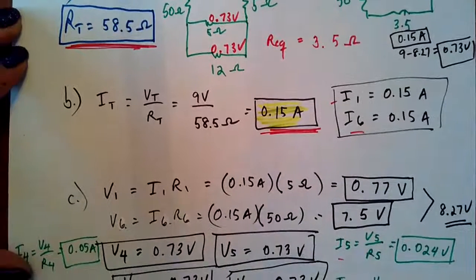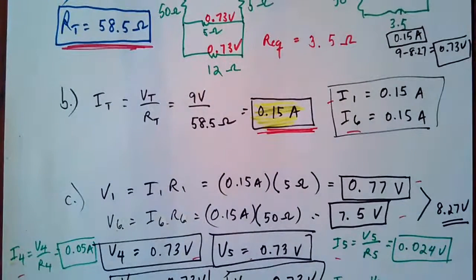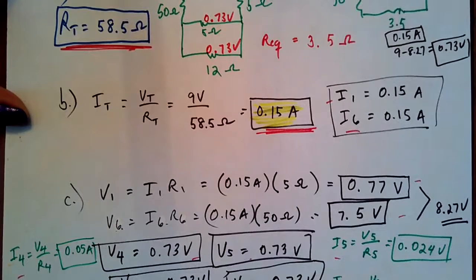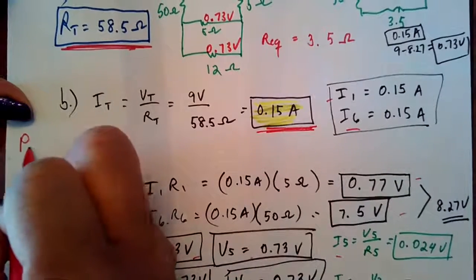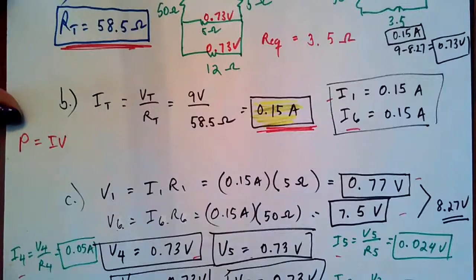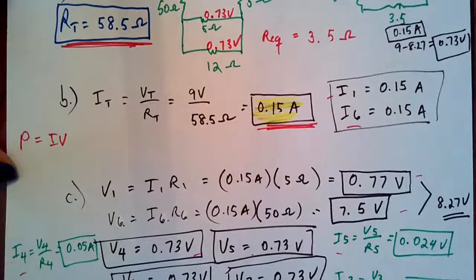We have the individual voltages, V1, V2, V3, V4, V5, and V6. The easiest one is to calculate the power. So to get the power is IV. So you can just calculate the I of each one times V.